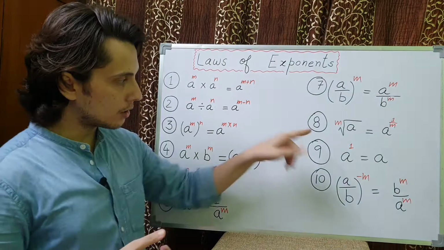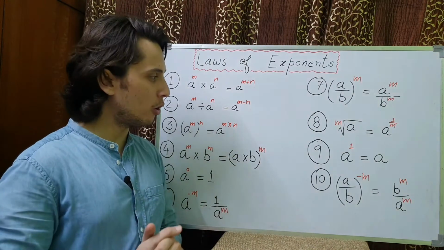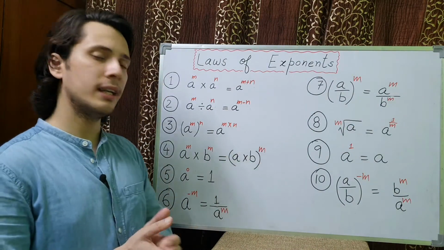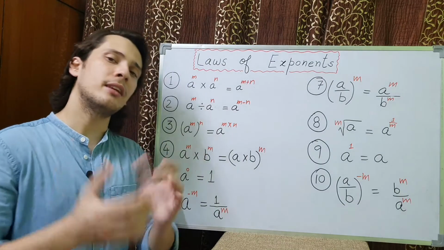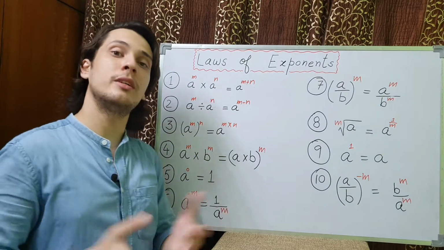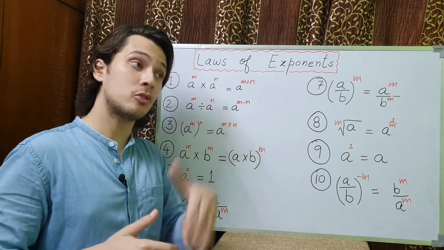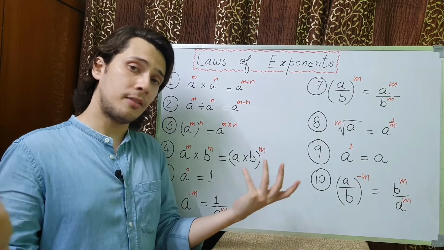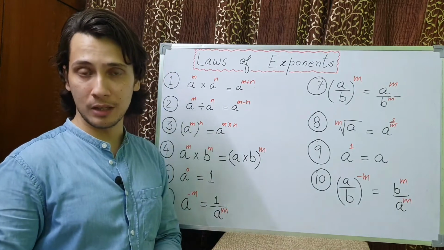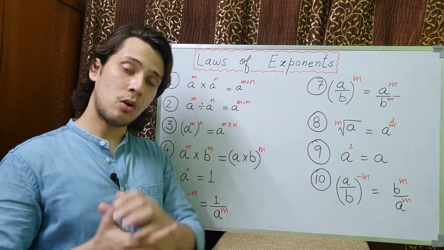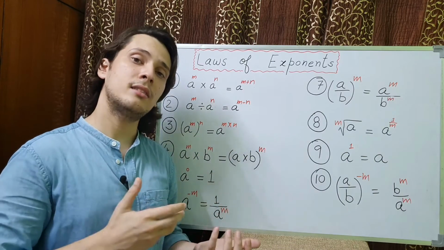The next law is very common. We all know that a raised to the power 1 is a. In fact, 2 raised to the power 1 can also be written as 2. Minus 3 raised to the power 1 is nothing but minus 3 only. If the power is not mentioned, it is automatically considered as 1.